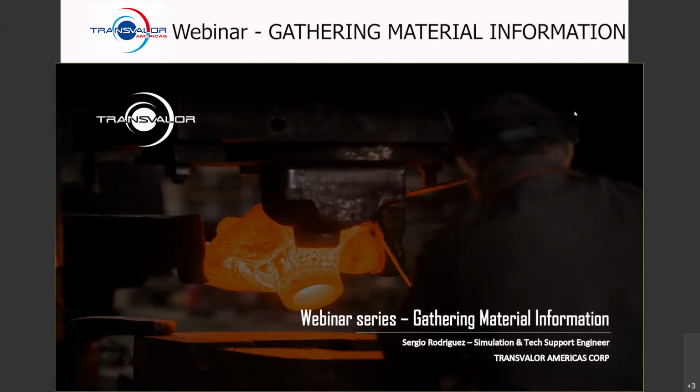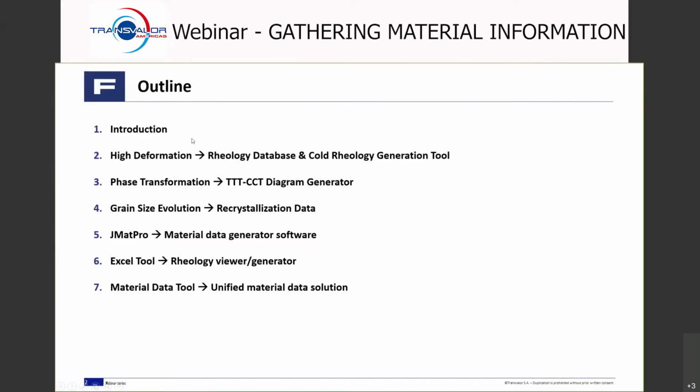Today we're going to talk about the different types of simulations and the material data we need to input for those simulations. After that, we will talk about some external tools that we can use.